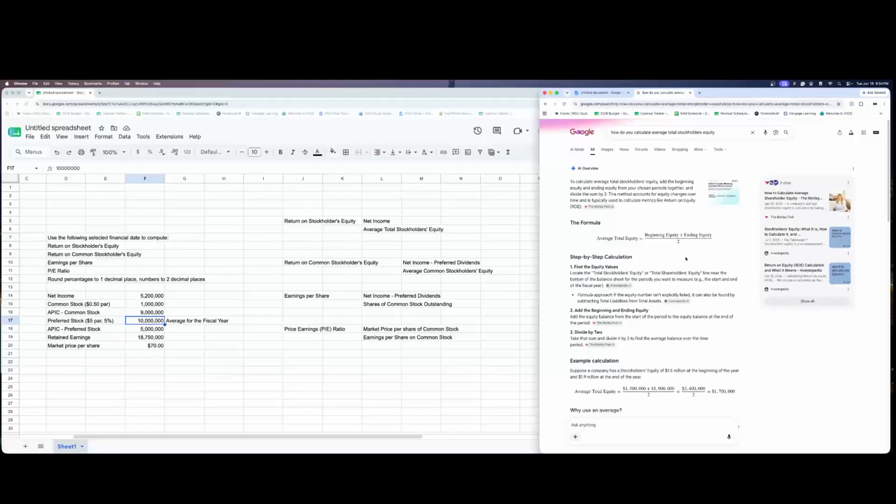Average total stockholders' equity. Is that correct? Is that correct? 18 million?